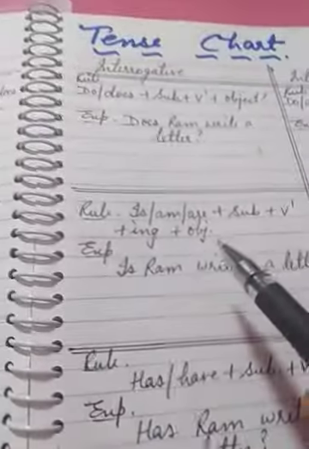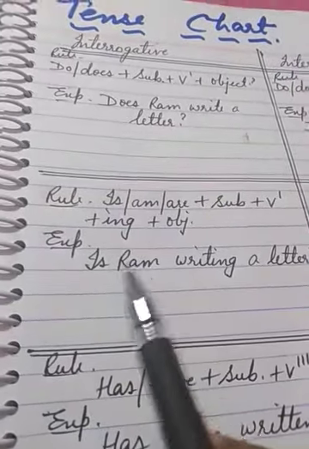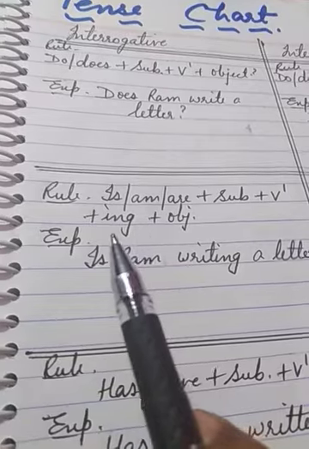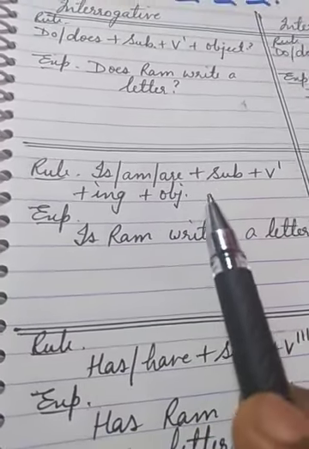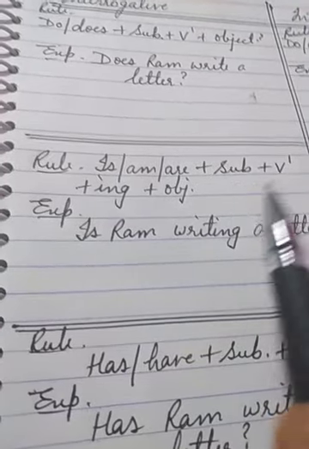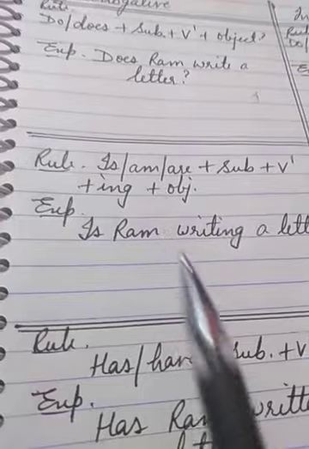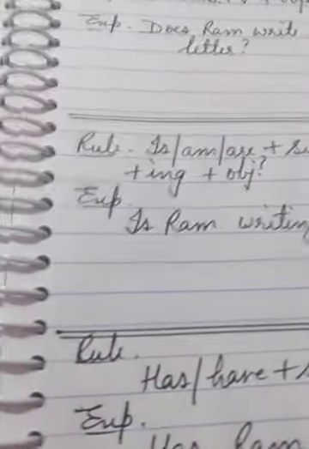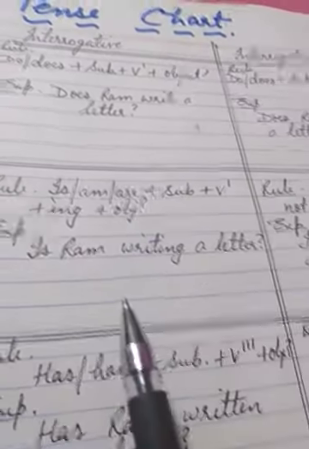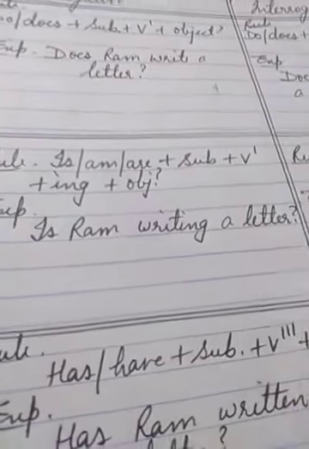Now next is interrogative sentences. What is the rule? The rule is is, am, are plus subject plus verb first form plus ing plus object and question mark. Example, is Ram writing a letter?